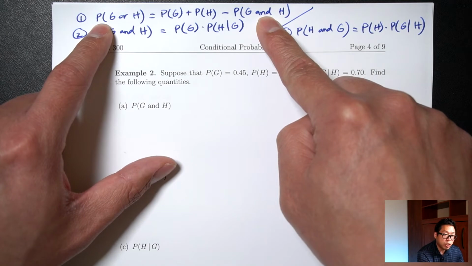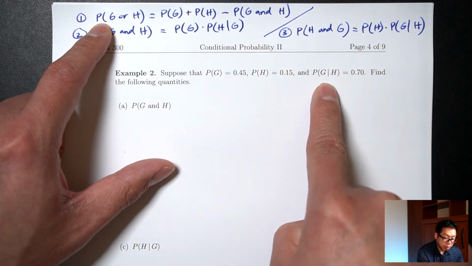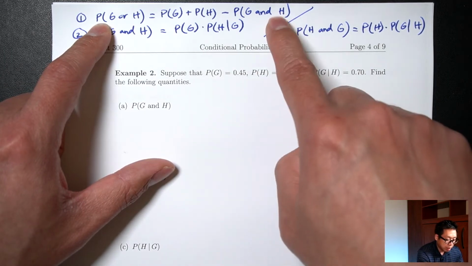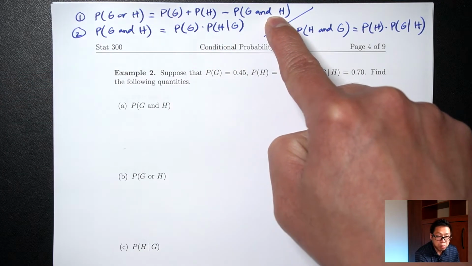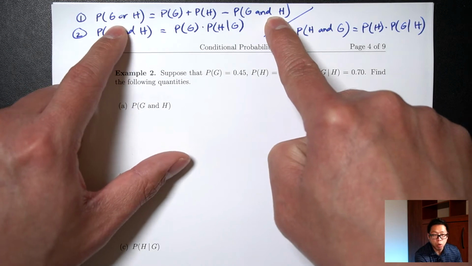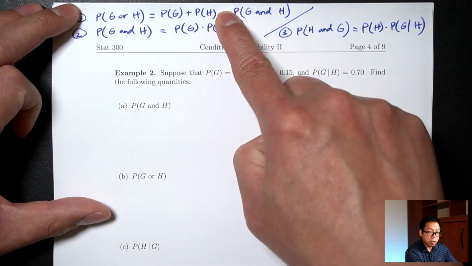Do I know probability of G or H? No, right? I'm giving just regular G, regular H, and then G given H. So formula 1 is no good because I don't know everything else that I need, right? I know probability of G, I know probability of H, but I don't know this G or H. It's not given to me in the problem. So 1 is no good.